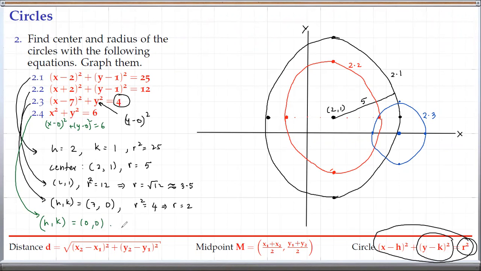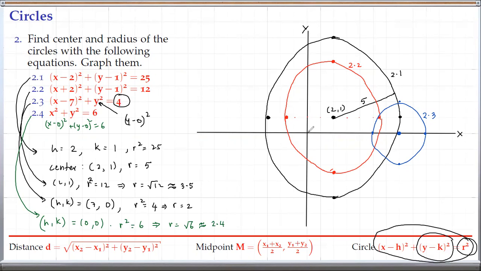And to find the radius, we see that r squared equals 6, which means r equals square root of 6. Again, for the purpose of graphing, let's find the approximate value of square root of 6. If we use our calculator, square root of 6 is approximately 2.4.